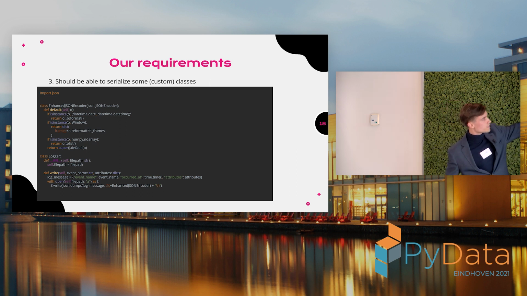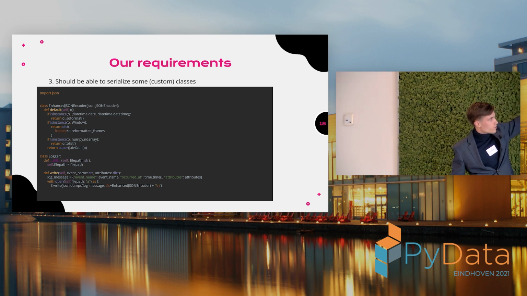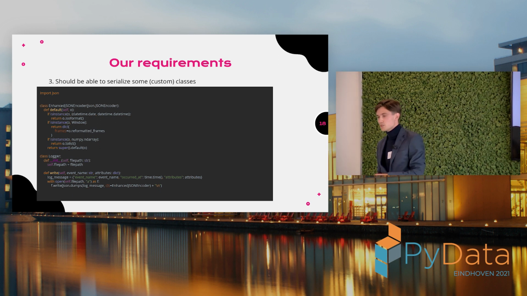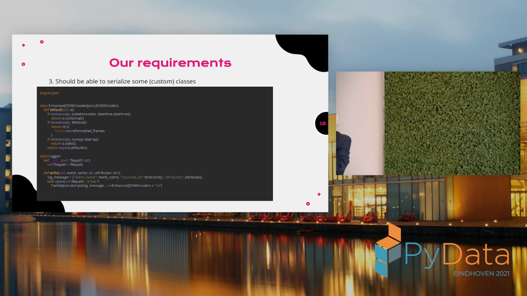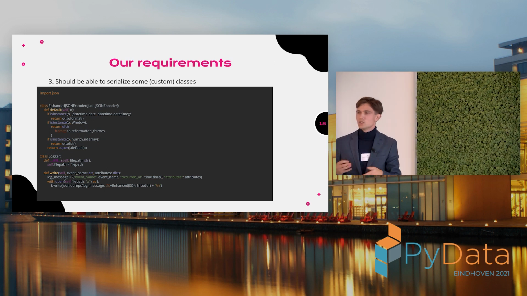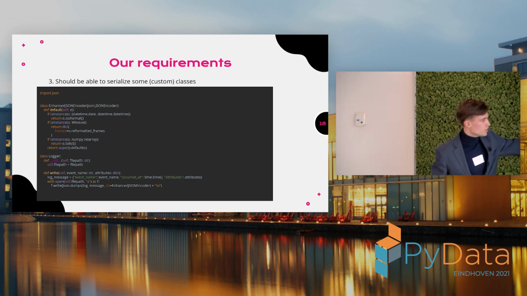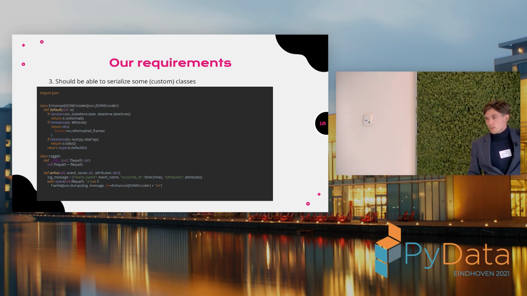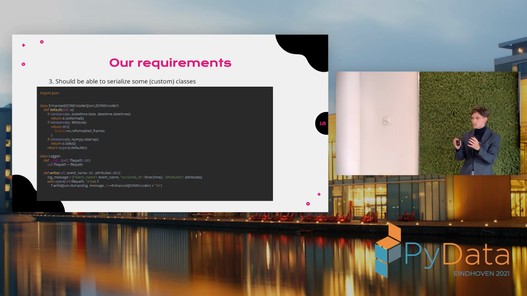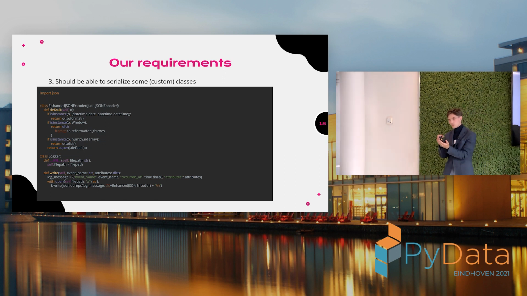For example, the datetime is easily formatted into a certain string format, numpy arrays as well, and the window is one of our own classes, which is a frame where we have all these player coordinates. So we have to be able to parse that as well. Then this part is the same, but instead of just logging the message as is, for each of the values in the dictionary object, it applies the class above.